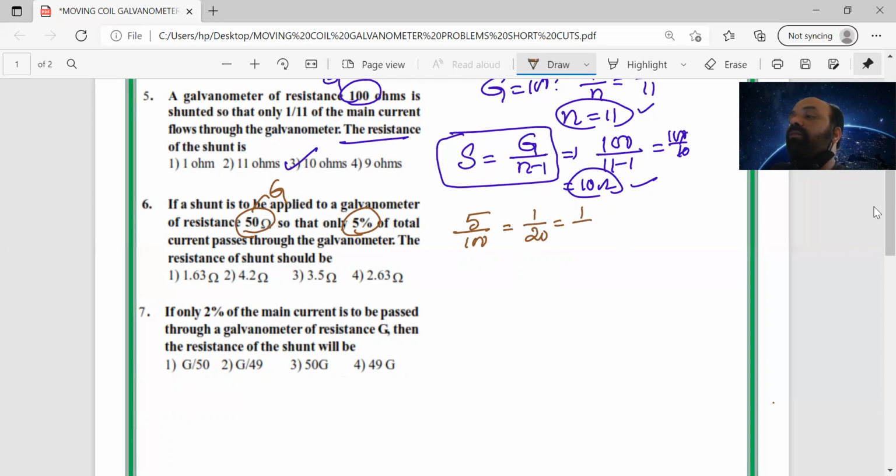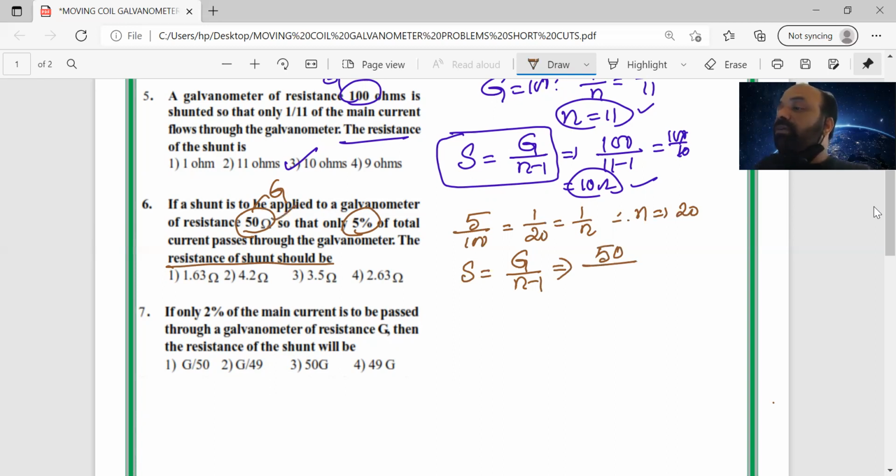Again you compare with 1 by N. So N value is 20. They ask for the shunt resistance. Shunt resistance S is equals to G by n minus 1. G value is 50, n value is 20 minus 1. So 50 by 20 minus 1, it becomes 50 by 19.